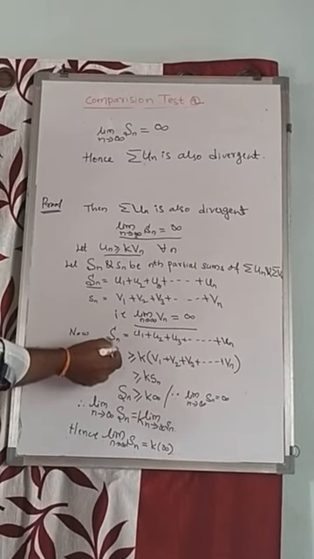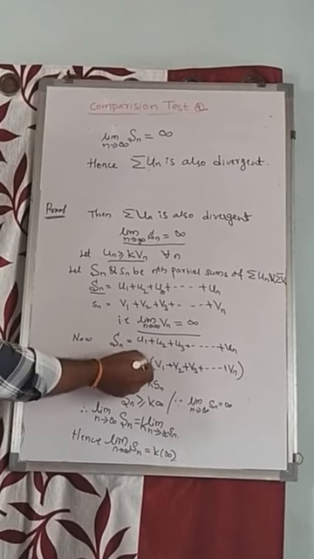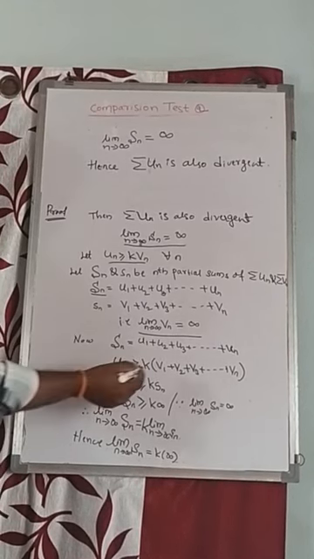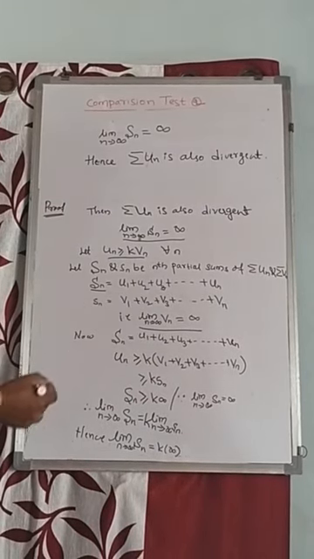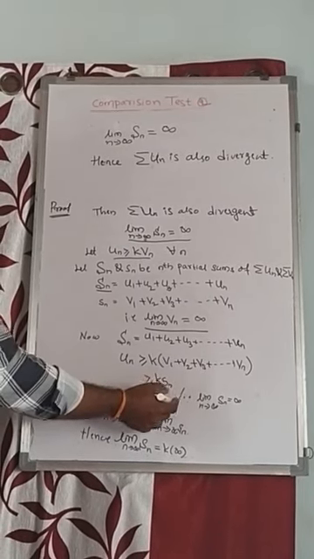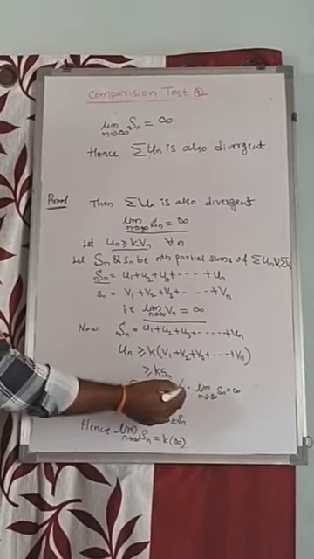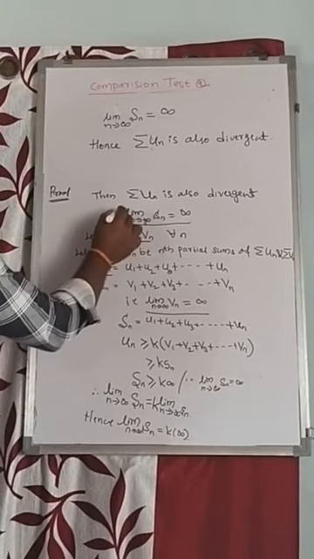Now capital Sn, u1 plus u2 plus u3 up to un, is greater than or equal to k into v1 up to vn, which is the small sn, the nth partial sum. Next, Sn is greater than or equal to k into infinite, because limit n tends to infinity small sn is infinite.